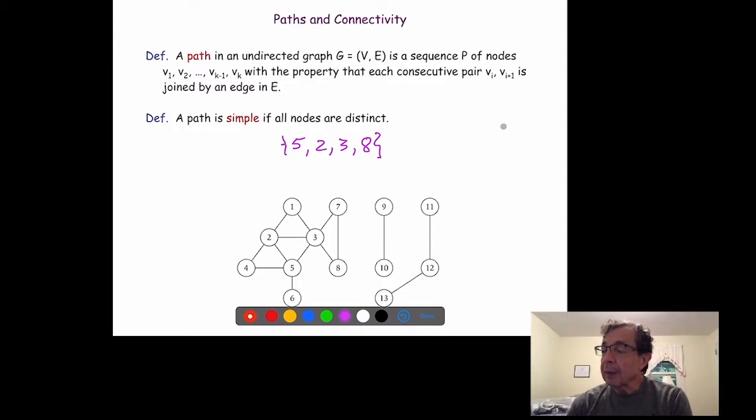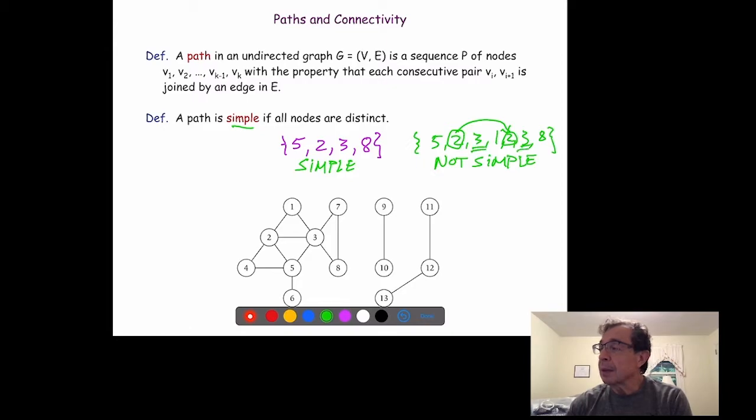But this other path, in which we visit a group of nodes more than once, like 5, 2, 3, 1, 2, 3, 8, is not simple, because this node is the same as this other one, and the 3 is the same as this one. So this is not a simple path.